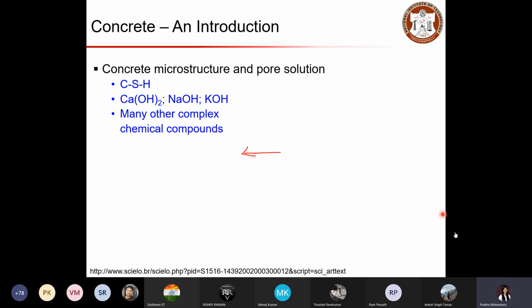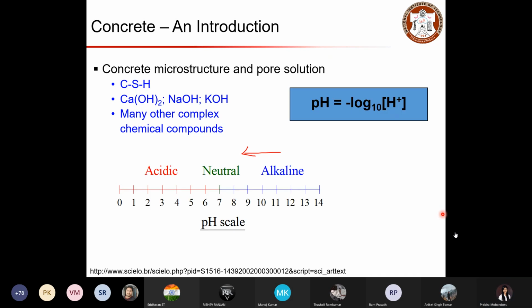All right. So do you remember the pH value of concrete? So can you tell the pH value of concrete? So in the concrete pore solution, you will have hydroxide ions, which will help the concrete to have high pH.